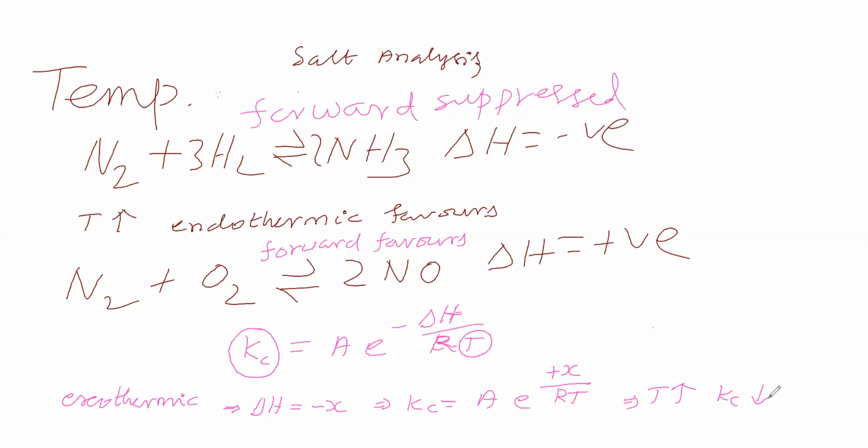So if the process is exothermic, then on raising the temperature, the equilibrium constant decreases. For an endothermic process, on raising the temperature, the equilibrium constant rises.